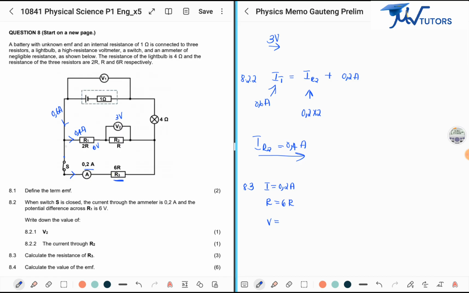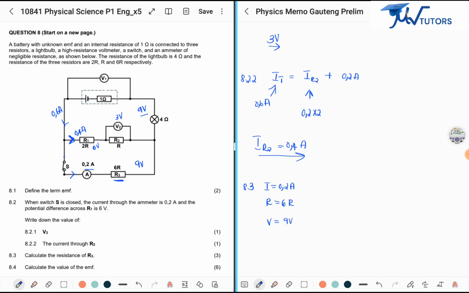Remember when you have voltmeters in series, you can add them. So with the current going through here of 0.4, the total voltage there would be 9 volts. And we know that voltmeters in parallel are equal. So on the top part we have 9 volts, so even here it means we also have 9 volts.